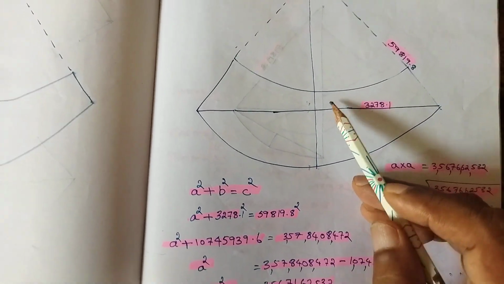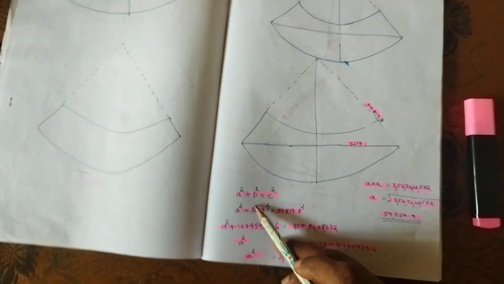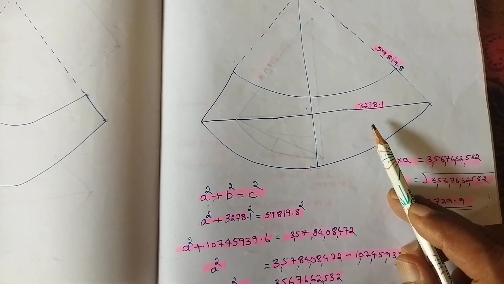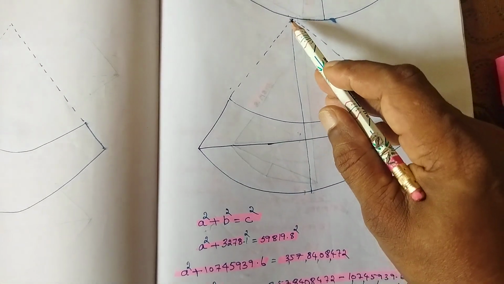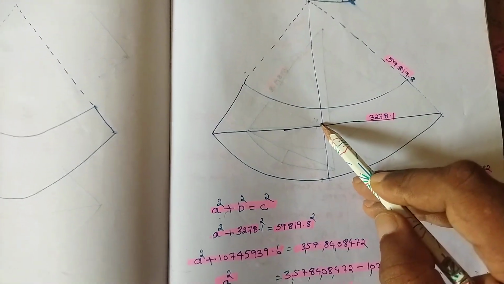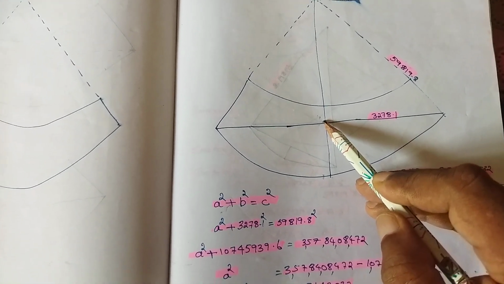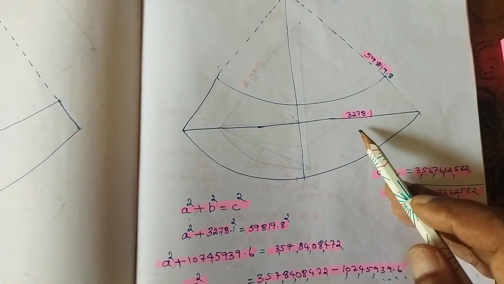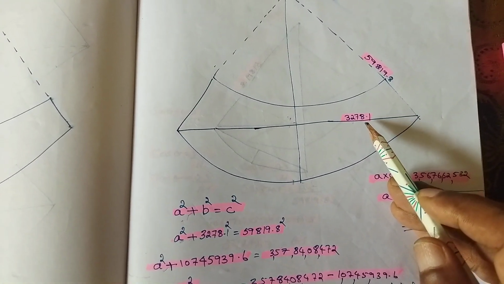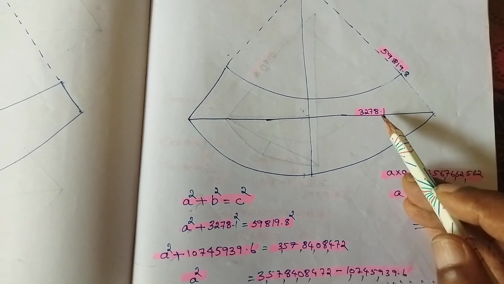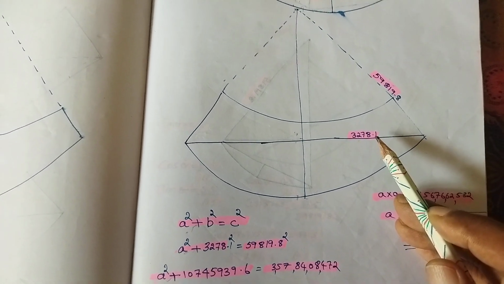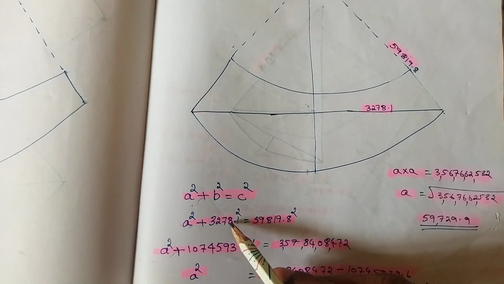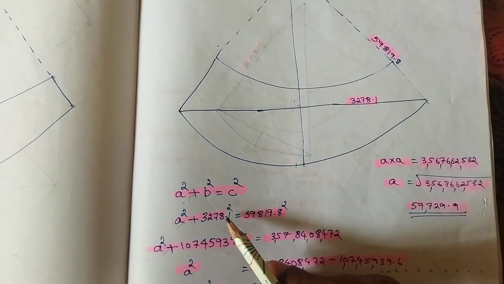For that purpose, we have to use the formula a square plus b square is equal to c square. In a square, this is a square from here to here. We have to find out it. So in the equation, we can write a square only. And what is b square? This 3,278.1 is b, so b square is 3278.1 squared. A square plus this b square is equal to c square.